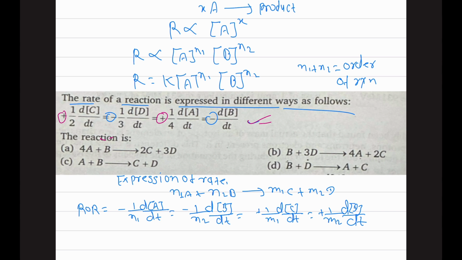So on the basis of this expression we can write here dB by dt. Here B is on the reactant side, so minus, and here 3.